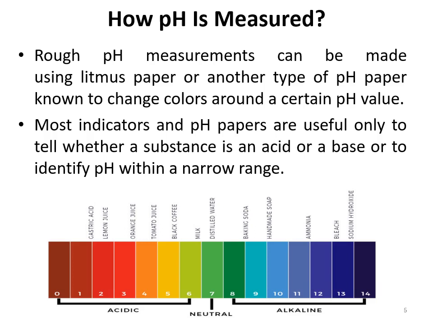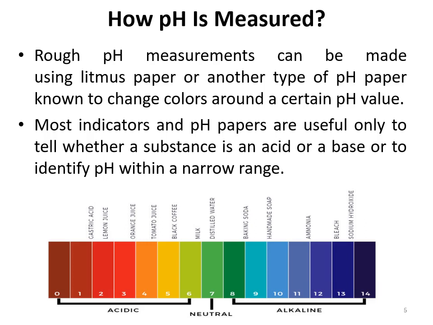Then we have black coffee at around 5. Milk is slightly acidic in nature and has a pH of 6. Then we have distilled water that is neutral and doesn't have any acidic or basic properties.